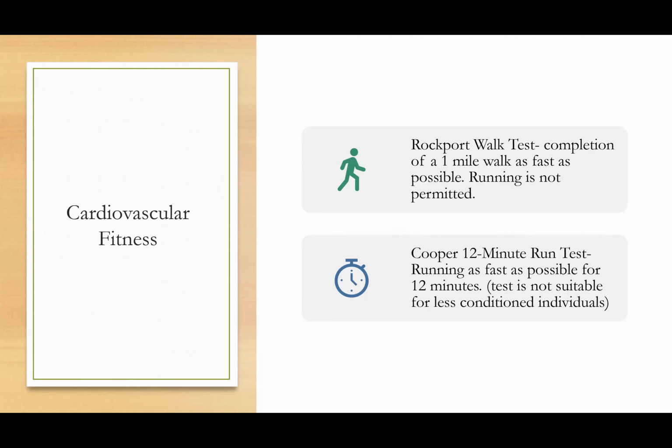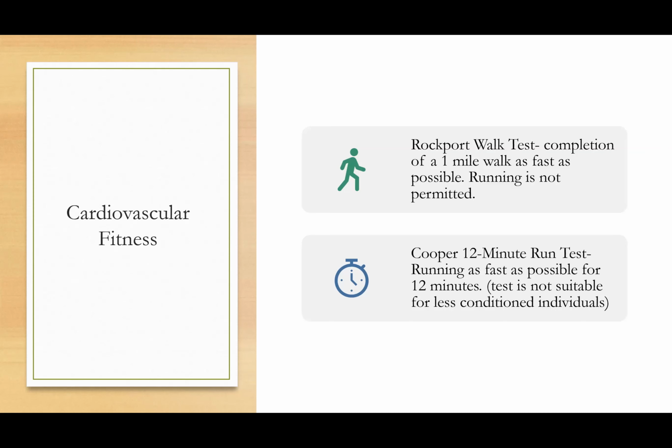So the way that you're tracking your progress is by seeing how your time improves each time you complete the test. So that distance is staying set, and then the time is what is varying. So if you're walking a mile in 20 minutes, and then the next time you do it in 19 minutes, you can see that you've progressed.